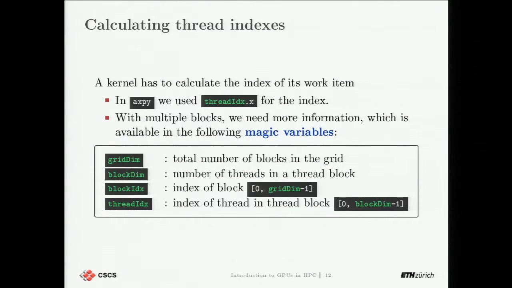Now if we're going to figure out where we sit in this grid, we're going to need some extra information. threadIdx is the index of this thread inside its thread block. blockIdx is an identifier for which thread block we're running in. blockDim is the number of threads in each thread block, and gridDim is the total number of blocks in the grid.